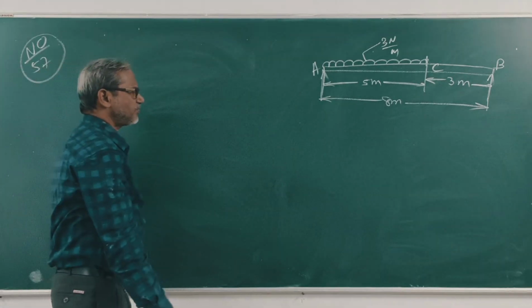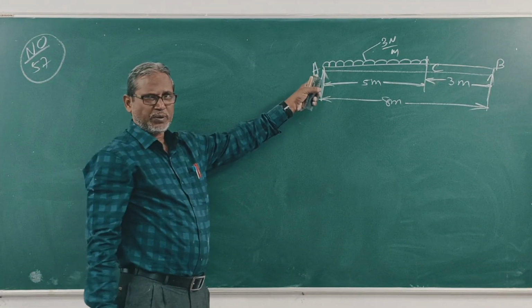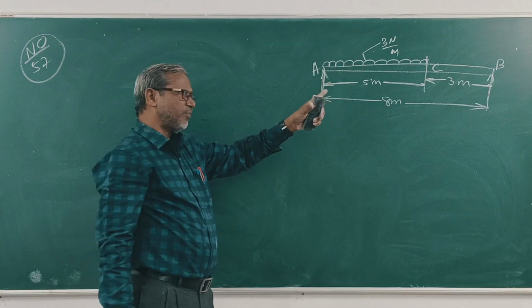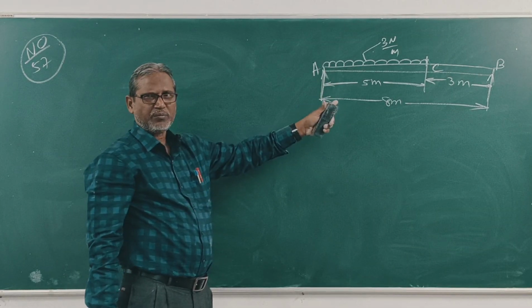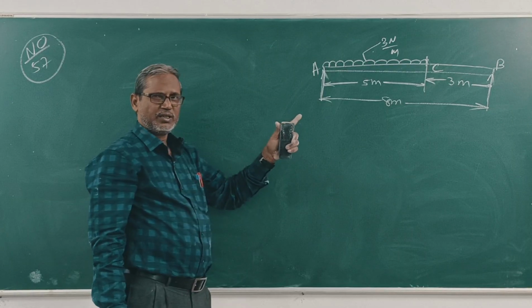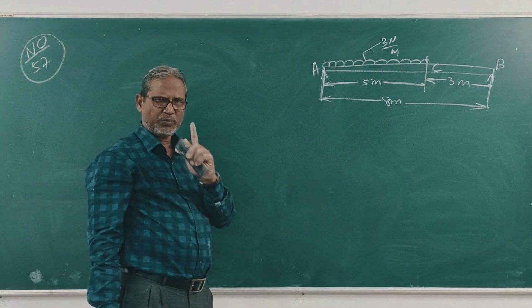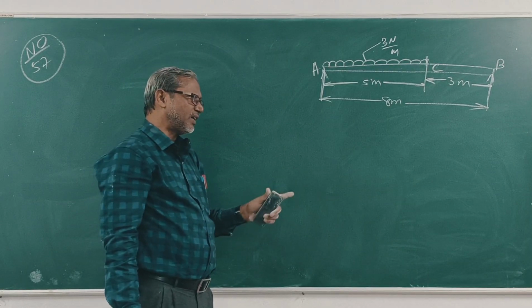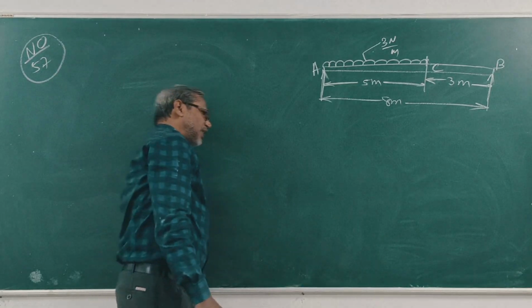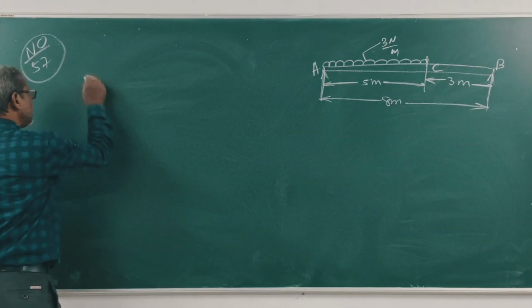This is a simply supported beam carrying a UDL of 3 Newton per meter for a length of 5 meter from the left support A. Draw the shear force and bending moment diagram for the beam and calculate the maximum value of bending moment. Clear?